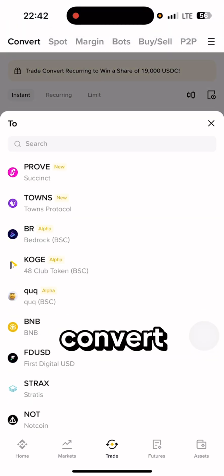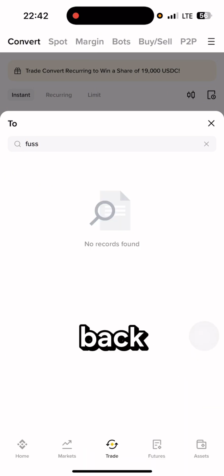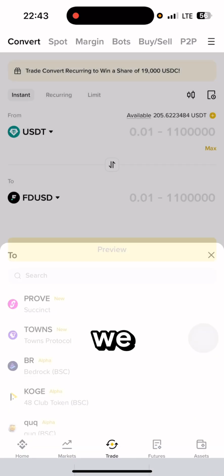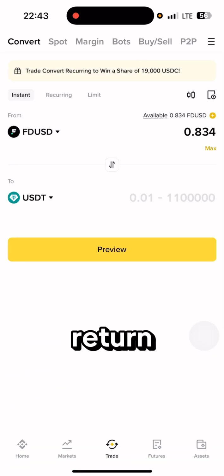So we should be able to convert the leftover 82 or 83 cents back to the initial USDT. That way we can know the overall profit return.